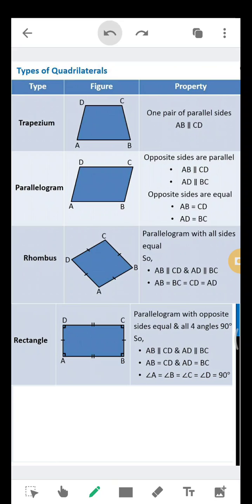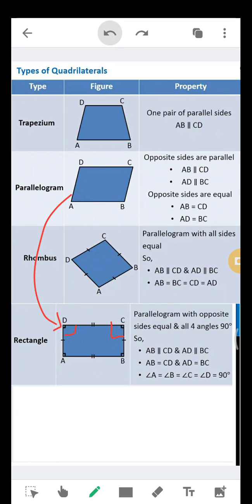Next, let's go to the next one, rectangle. A rectangle is a quadrilateral in which opposite sides are equal. What is the difference between rectangle and parallelogram? The difference is if each angle of a parallelogram becomes 90 degrees. Here you see the angle is not 90 degree.